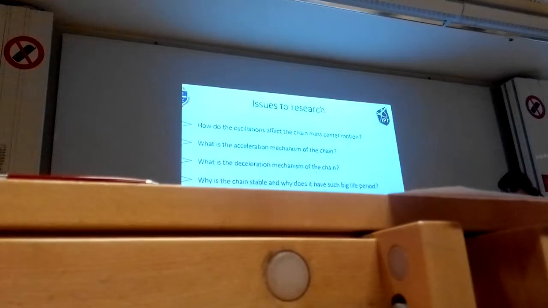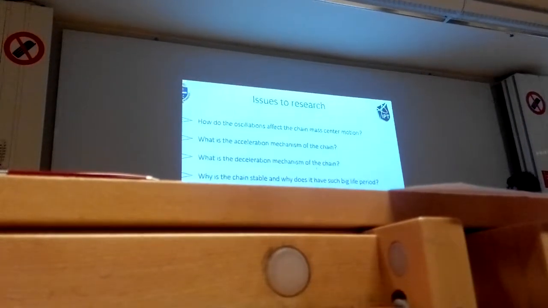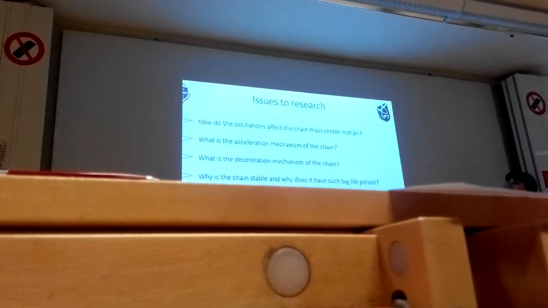In the framework of the research, we would like to answer the following questions. How do the oscillations affect the chain mass center motion? What is the acceleration mechanism of the chain? What is the deceleration mechanism of the chain? And why is the chain stable? And why does it have such a long lifetime?